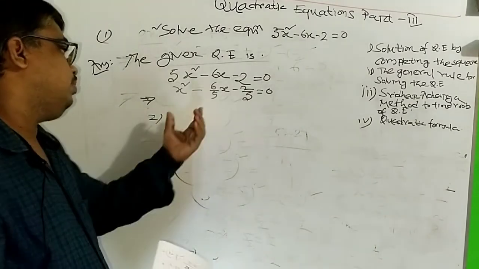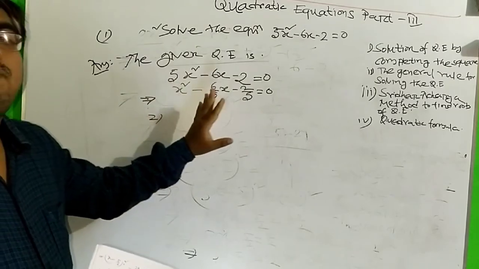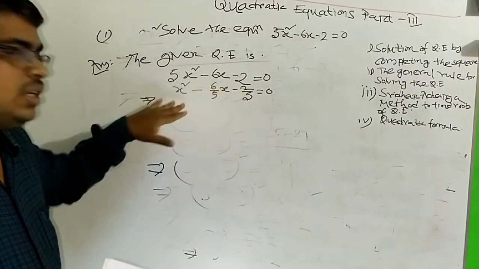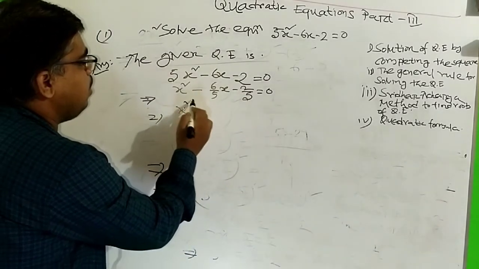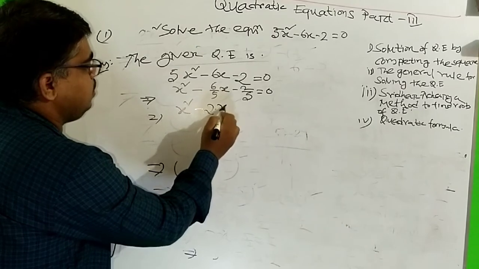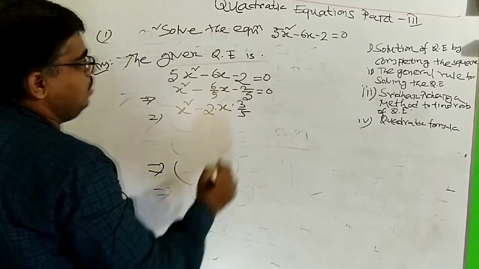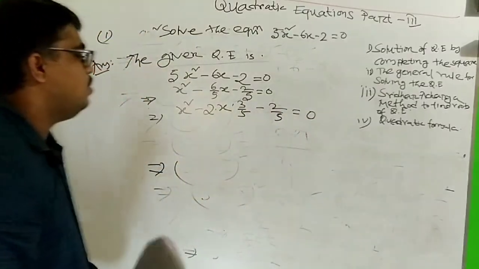We have to make a perfect square term in this expression. You notice x square minus 2 into x into 3 by 5 minus 2 by 5 is equal to 0.